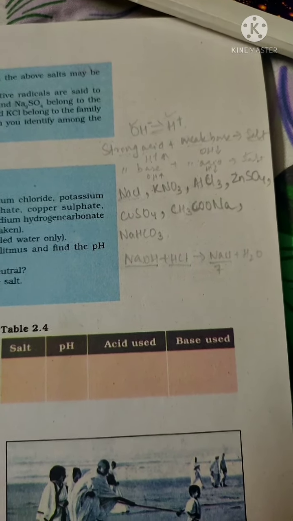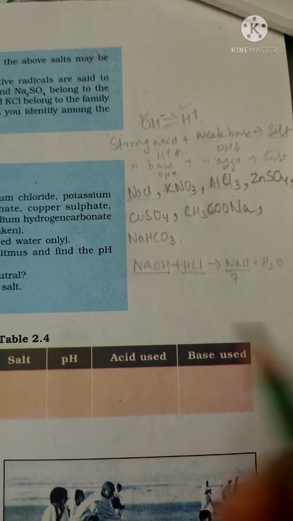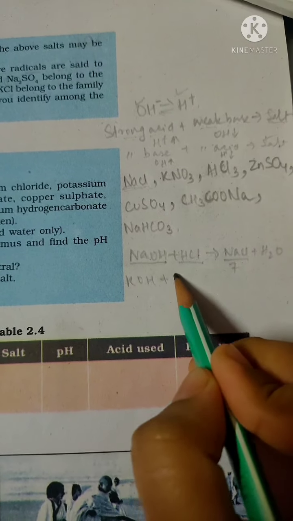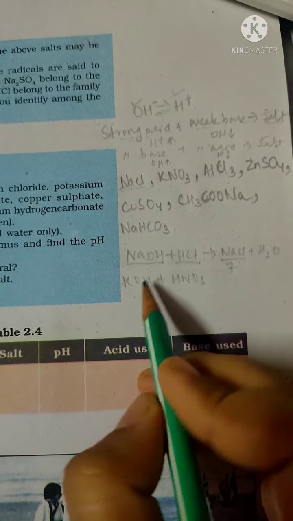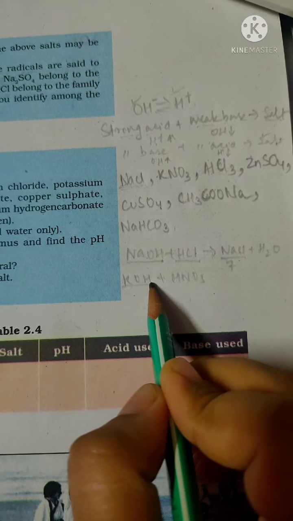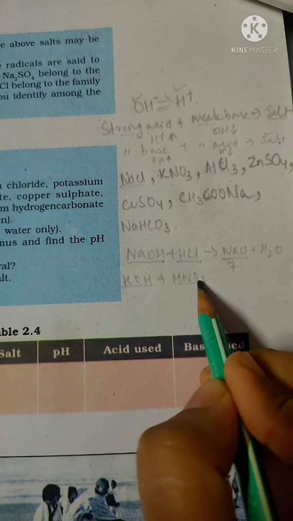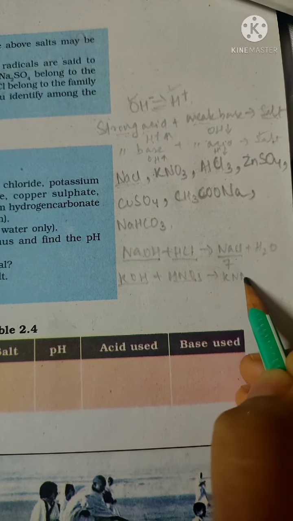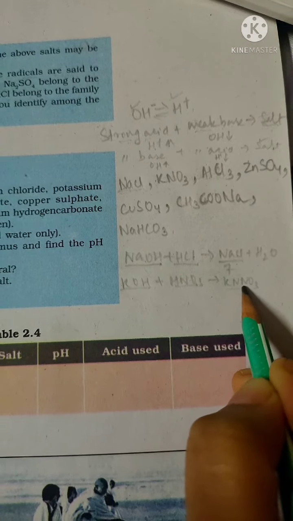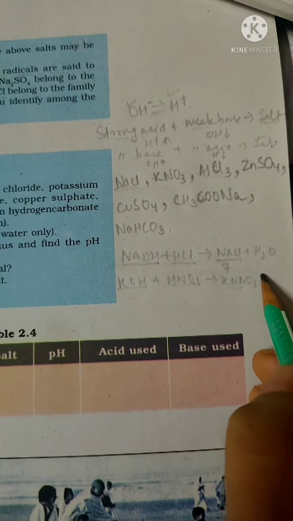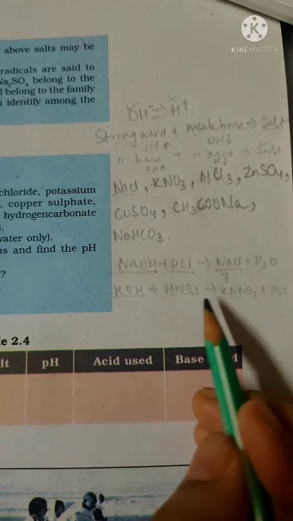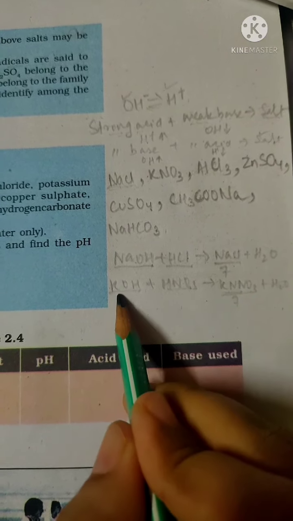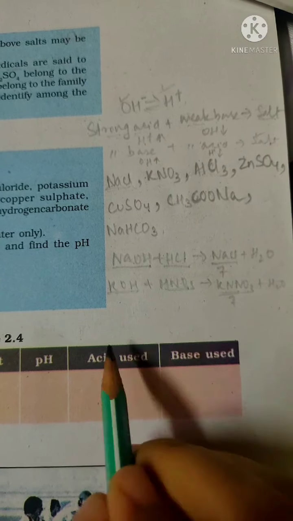In the next case, let us take the example of KOH and HNO3. Here KOH is a strong base and HNO3 is a strong acid, so the salt we get, KNO3, will be neutral, because both are strong.